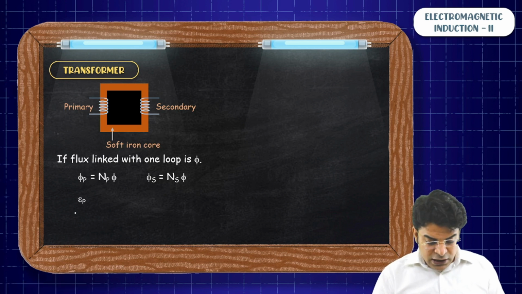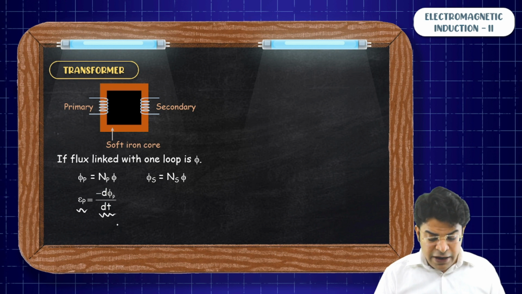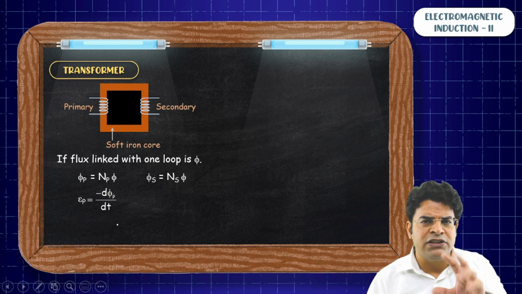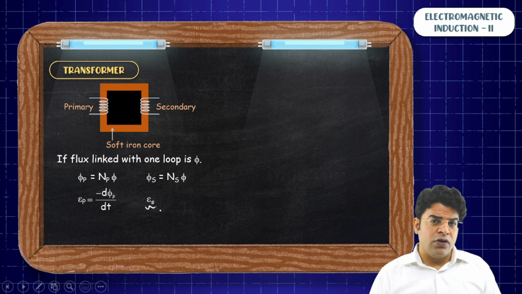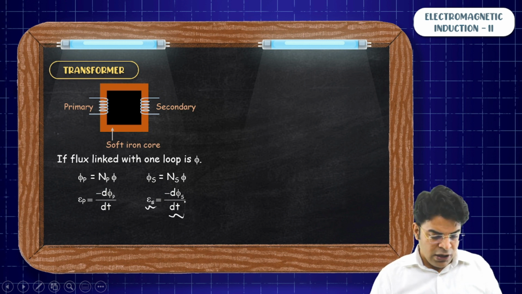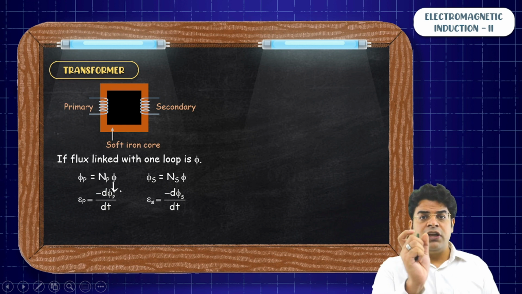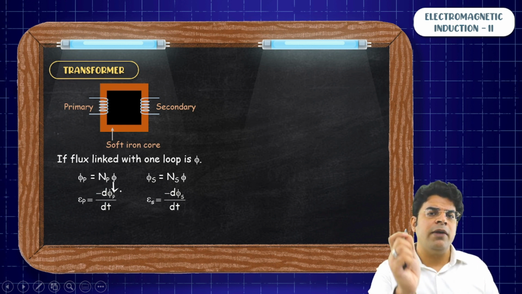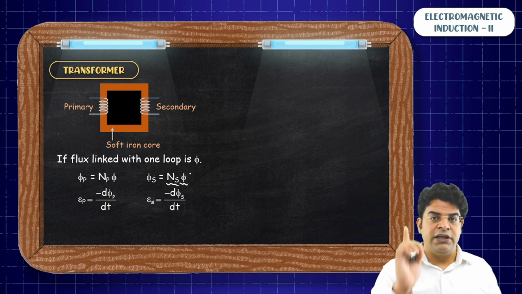Now we know that the EMF induced in the primary coil equals minus d phi p by dt, the rate of change of magnetic flux in the primary coil with respect to time, and the EMF induced in the secondary coil will be minus the rate of change of magnetic flux in the secondary coil with respect to time. In place of the flux linked with the primary coil, substitute the number of turns in the primary coil multiplied by the flux with one turn, and in place of the flux linked with the secondary coil, the number of turns in the secondary coil multiplied by the flux linked with one turn.